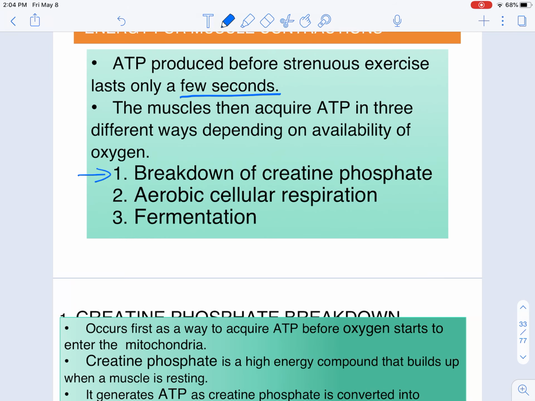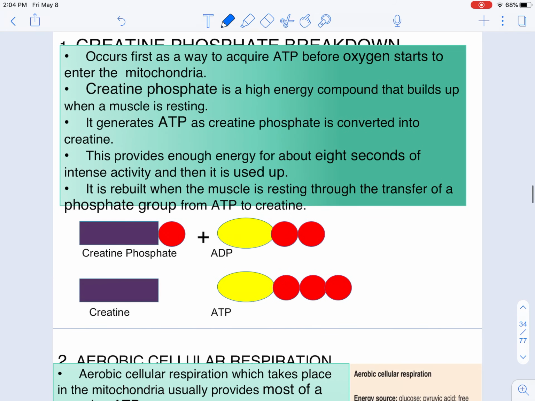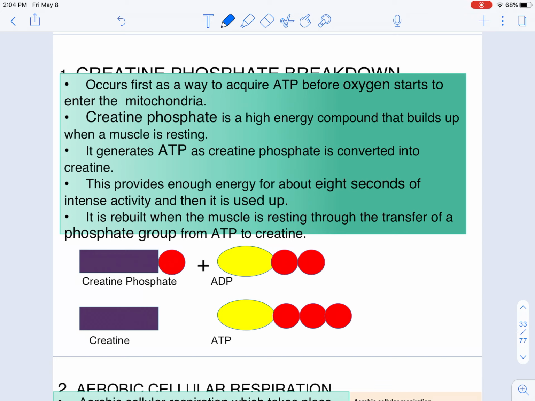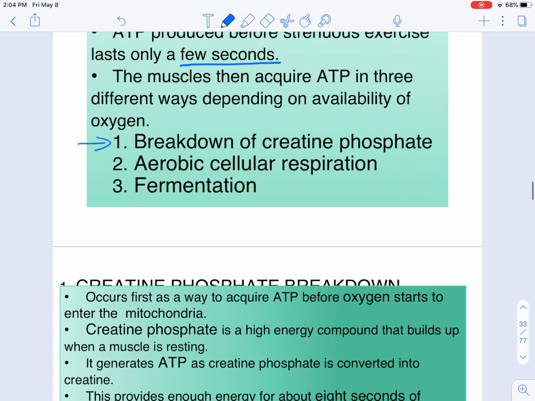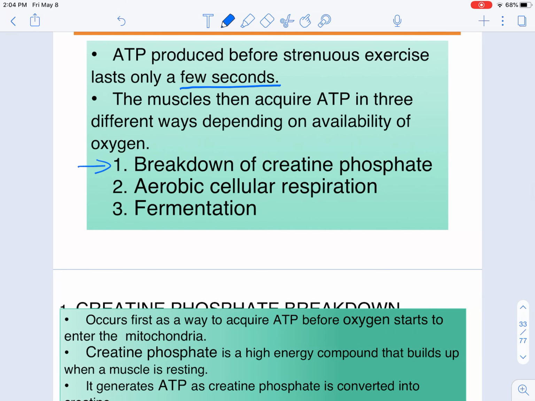There's creatine phosphate, which has a phosphate on it. And that is a source of ATP, or a source of energy, because we can break off the phosphate, attach it to ADP, and we can make an ATP that way. So creatine phosphate is one source.